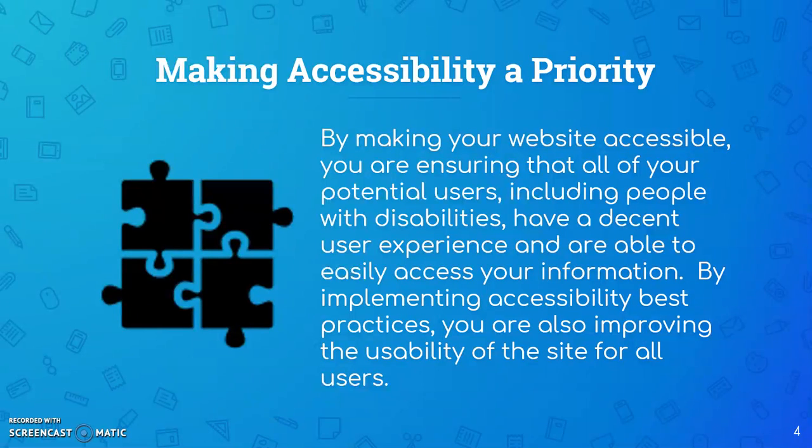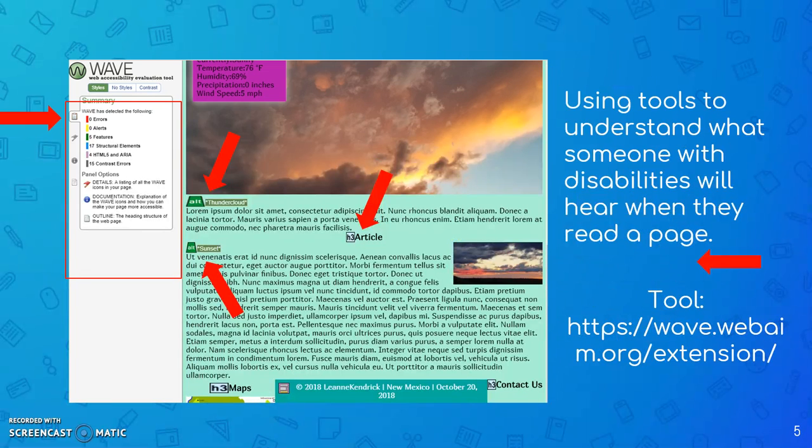Now, I pulled up my website and this cool tool called Web Accessibility Evaluation Tool, or WAVE. It's a Chrome extension. There are other ones for different operating systems. I applied this to the website we're currently working on, our weather site, and this is what it showed me.